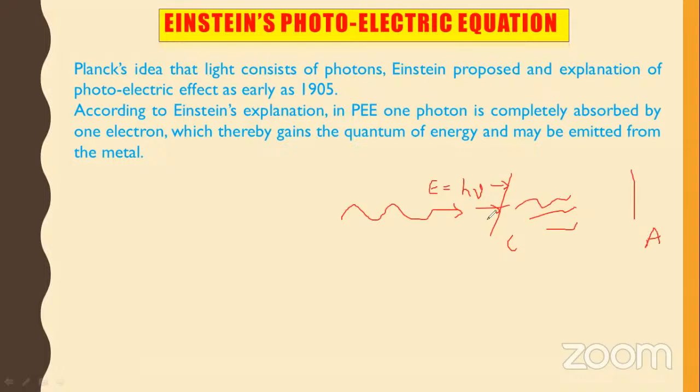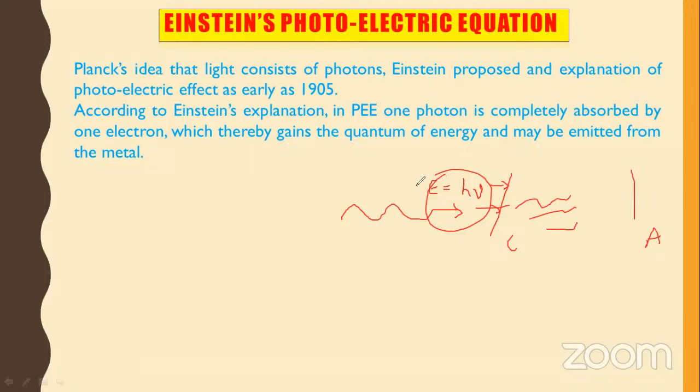If you increase the intensity, the number of emitted photoelectrons also increases. If you change the frequency, that means the wavelength, the photocurrent value also changes.